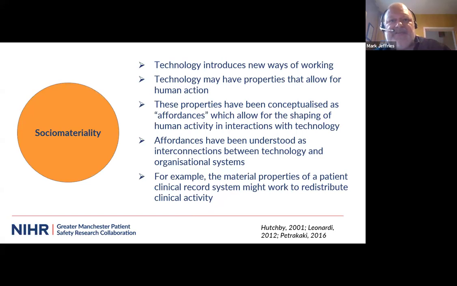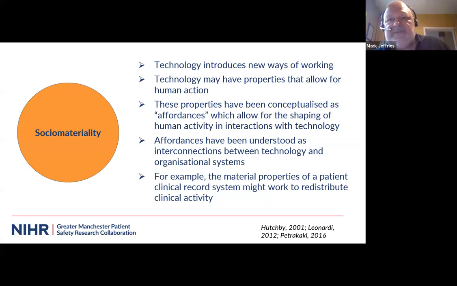I want to introduce another concept, which is called social materiality, which is basically a combination of the material properties of the technology and social processes. Some people have thought of technology as not fixed and stable, so fluid that we can't look at the social processes.